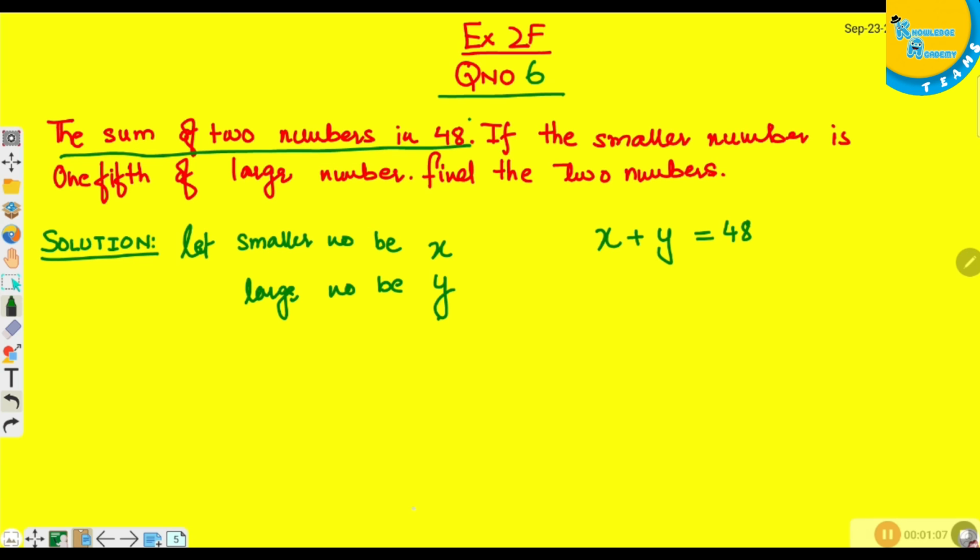Now according to the given condition, the smaller number is 1/5 of the larger number. That means our smaller number is x. So x is equal to 1/5 of the larger number. 1/5 of what is the larger number? It's y. So it's 1/5 of y.